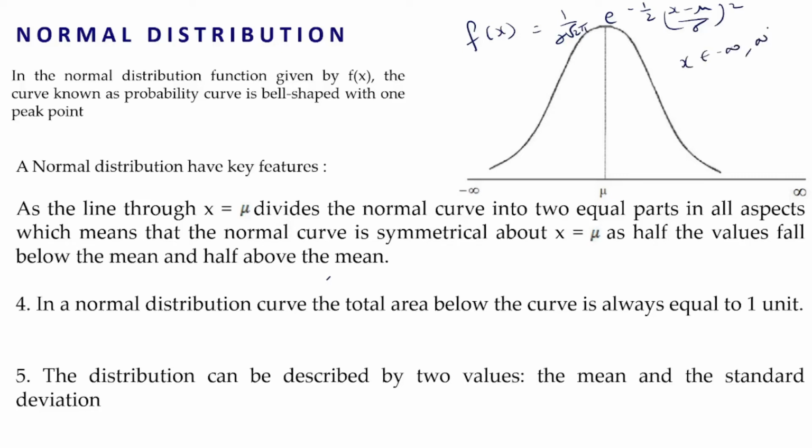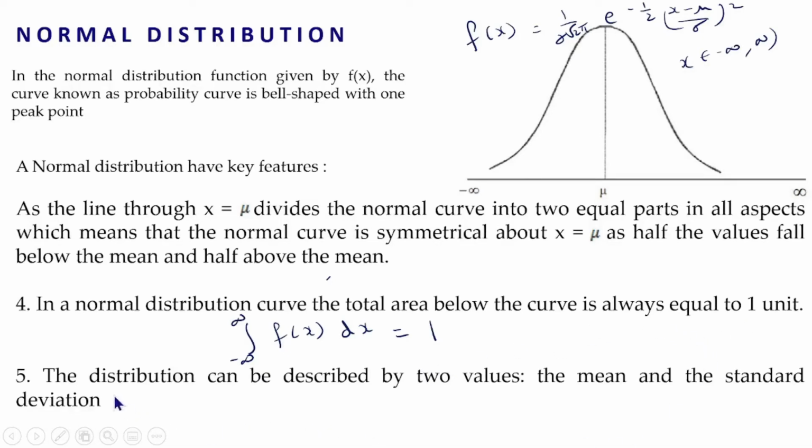So as a result, we have integral minus infinity to infinity f of x dx is equal to 1. Now we know integral minus infinity to infinity is the area under this curve, and it is always equal to 1 unit.